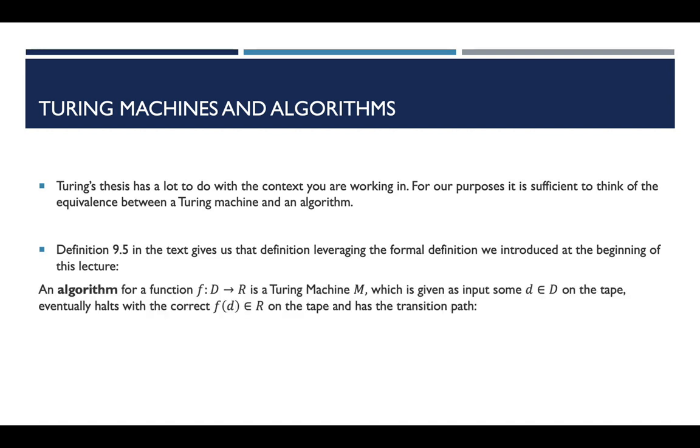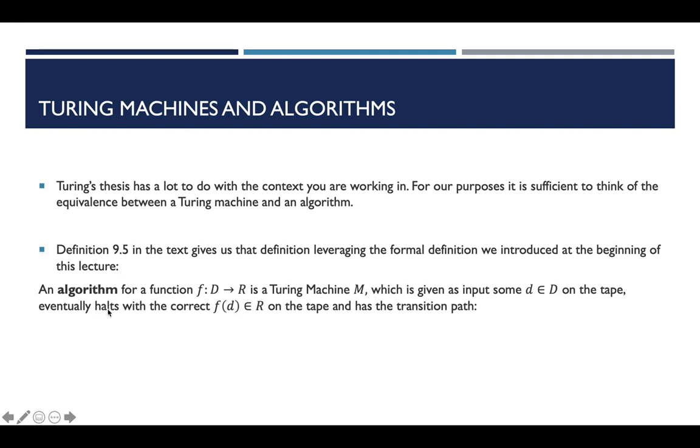That definition looks something like this. If I have a function with some domain and some range, we say that there's an algorithm for that function, and that algorithm is equivalent to a Turing machine, if that Turing machine can take some element d inside of our domain, so just some string input, and it will eventually halt.